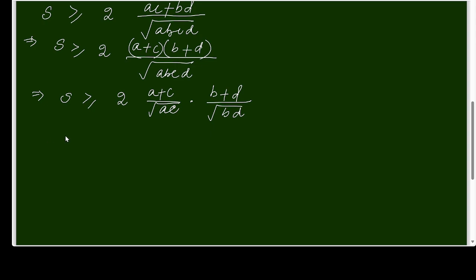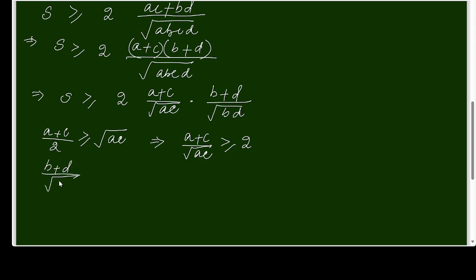Now again we'll apply the arithmetic geometric mean. A plus C by 2 is greater than or equal to the square root of AC, or A plus C by the square root of AC is greater than or equal to 2, and B plus D over the square root of BD is greater than or equal to 2.